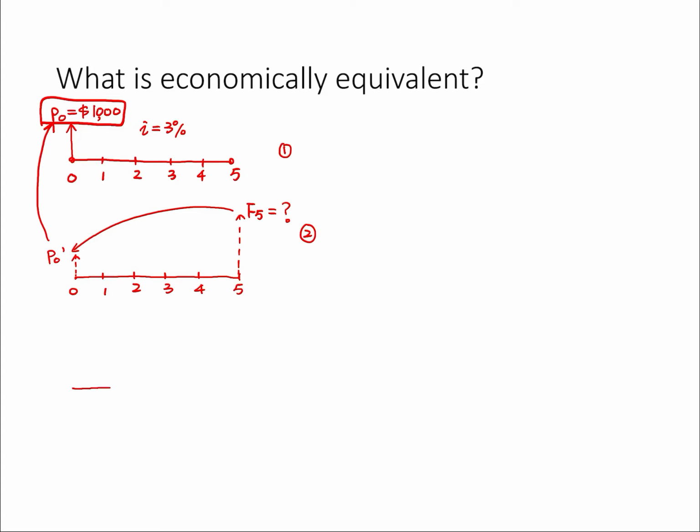Also, you can do something like this in the third scenario. Okay, you're still looking at time from 1, 2, 3, 4 until 5. But here what you want to look for is the annual equivalent.